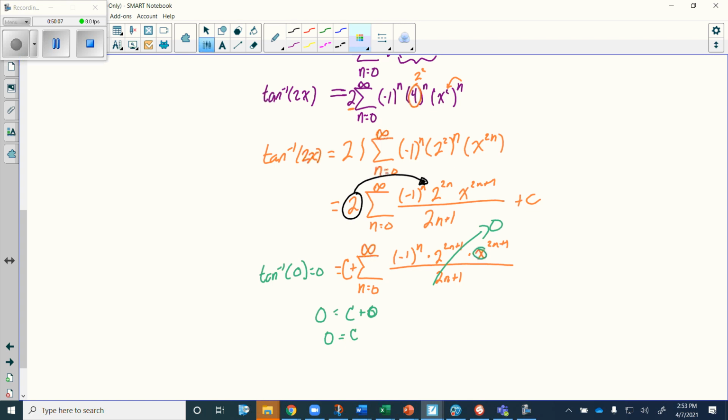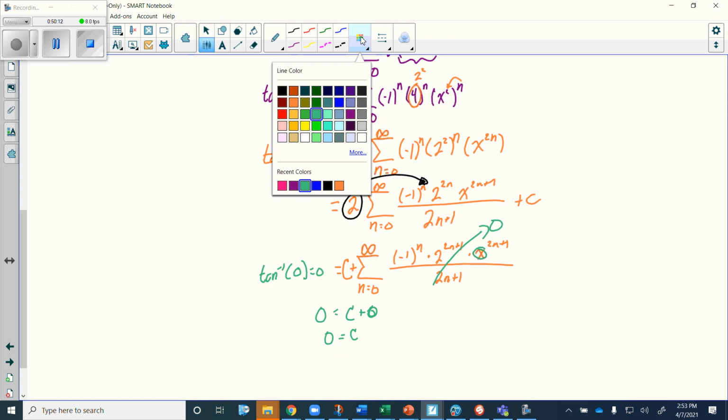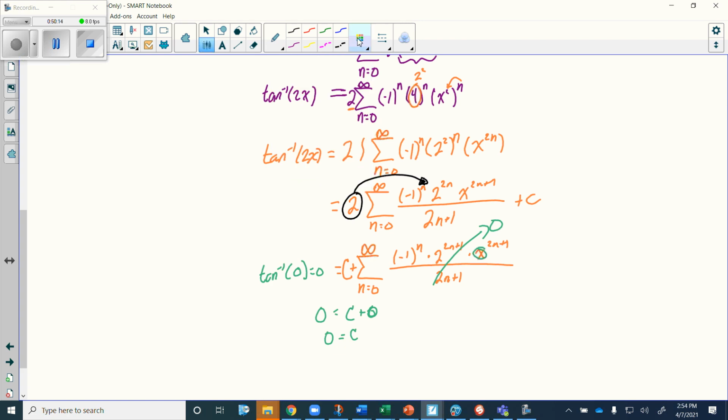So my final expression is really going to be what we had, but without c. So I'm going to just say my final expression, tan inverse of 2x, is really just equal to the summation of n equals 0 to infinity of -1 to the power of n times 2 to the 2n plus 1 power times x to the 2n plus 1 power, all of it divided by 2n plus 1.